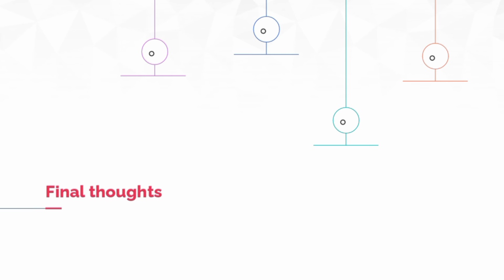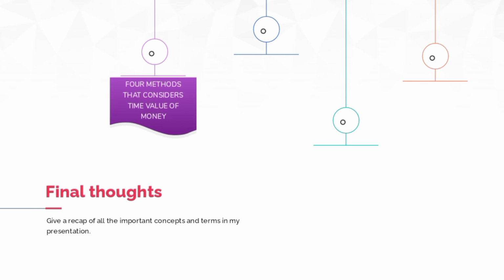So for our final thoughts, I will give you a recap of all the important concepts and terms in my presentation. There are 4 methods that consider the time value of money: net present value, index, present value payback, and the topic that was previously discussed, the calculation of internal rate of return. Now, again, what is internal rate of return?